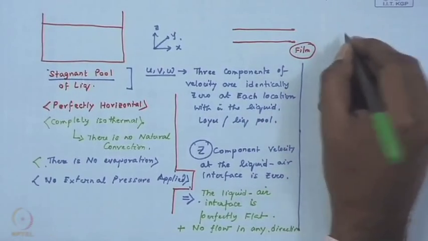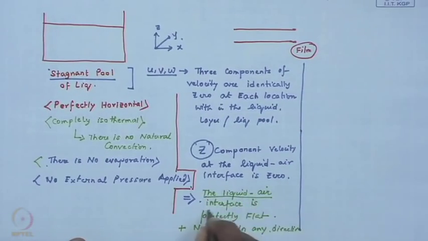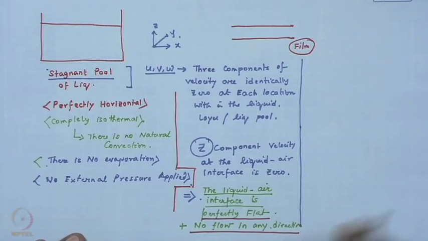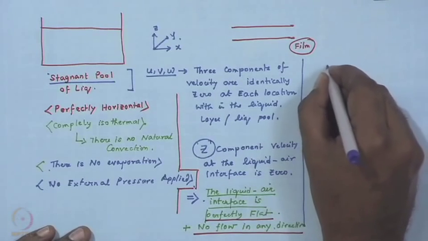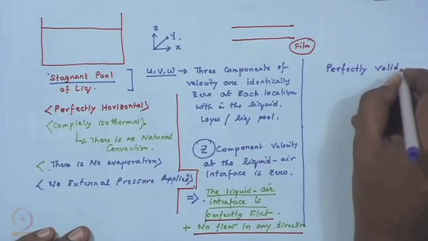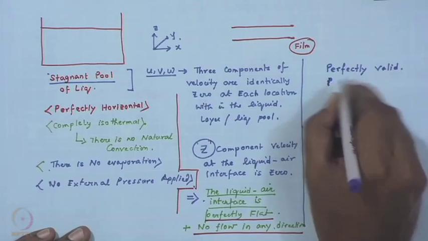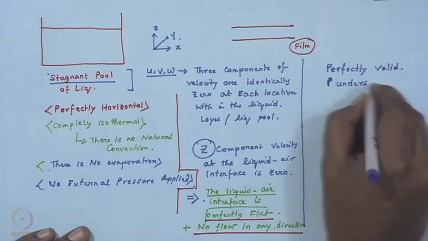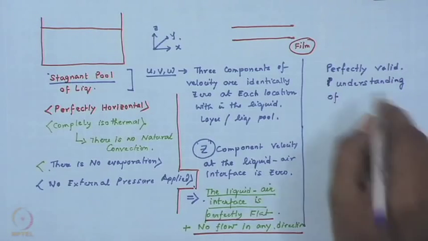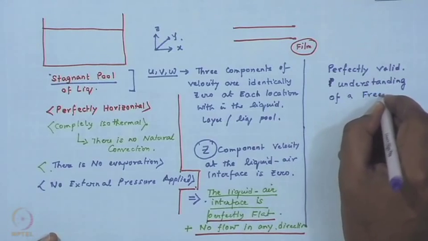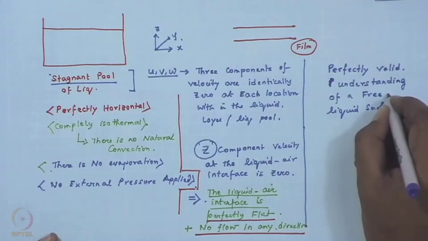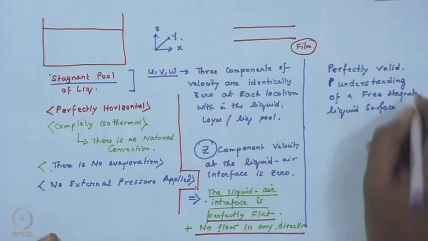So, this picture that the liquid air interface is perfectly flat and there is no flow in any direction is a perfectly valid understanding of a free stagnant liquid surface.